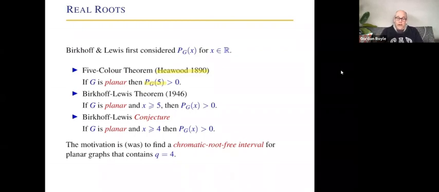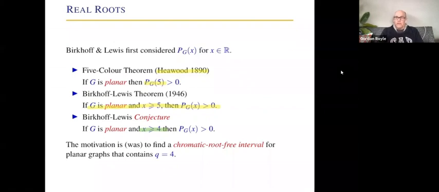Birkhoff and Lewis, on the other hand, said that if G is planar and x is any real number bigger than 5, then the chromatic polynomial is positive. They conjectured that this was true for x at least 4. So if you put any value into the chromatic polynomial of 4 onwards, then the chromatic polynomial is strictly positive.